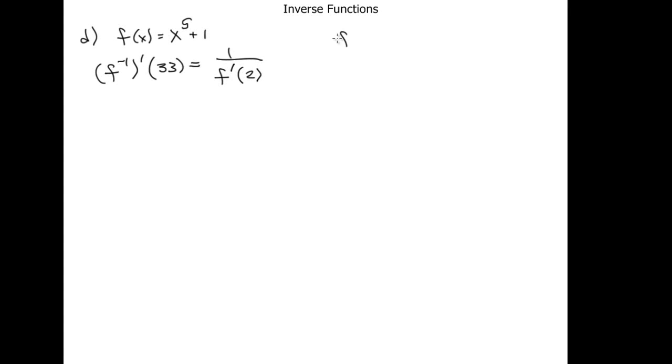Well, that's 2. Since f prime is 5x to the 4th, you get 1 over 5 times 2 to the 4th, and you get 1 over 80 again. All right, that's a good place to stop.